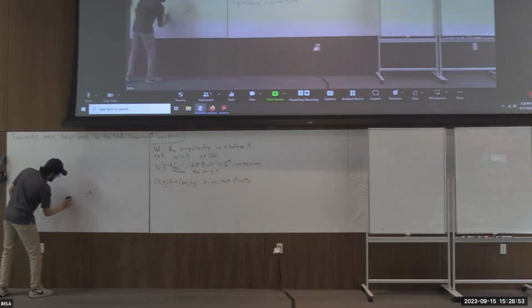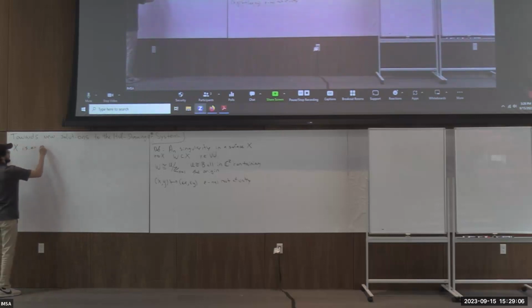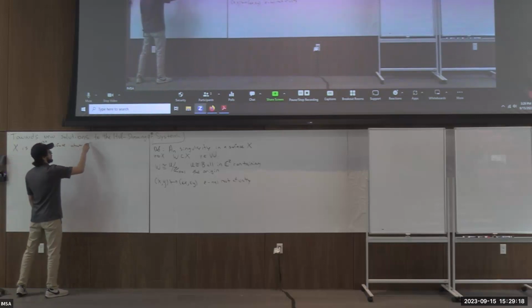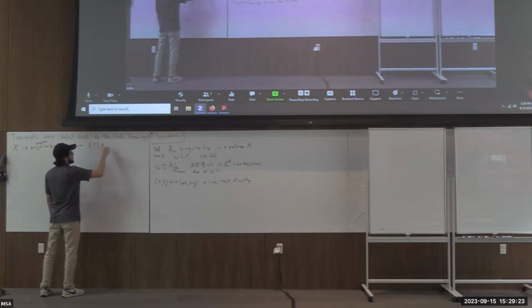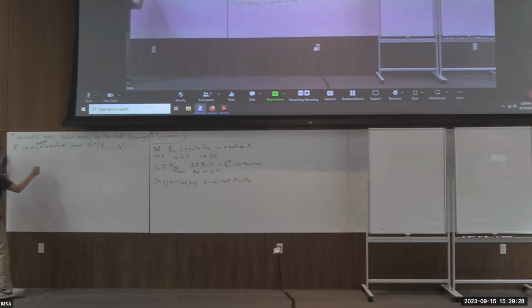X is a complex orbifold surface, where Sigma is its set of singular points P1 through Pk.